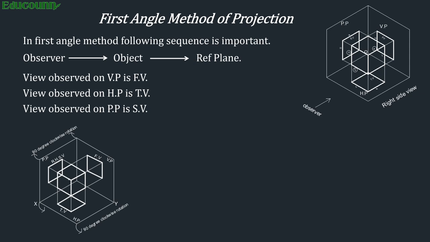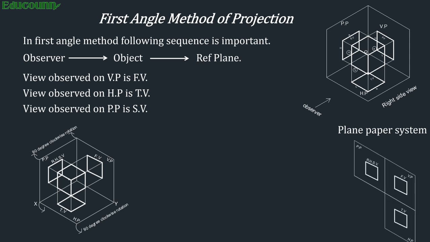So rotate HP and PP 90 degrees in a clockwise direction to form a plane paper system. In the plane paper system, HP and PP come in the same plane as that of VP, and they are one above or below the other or beside each other.